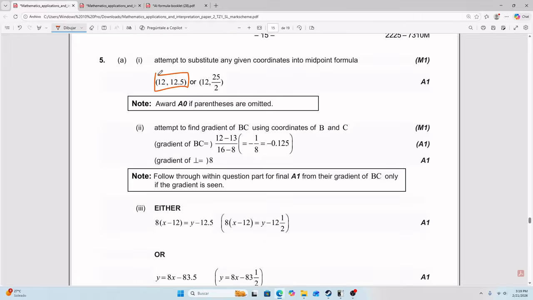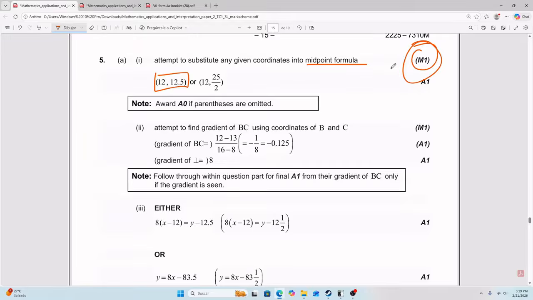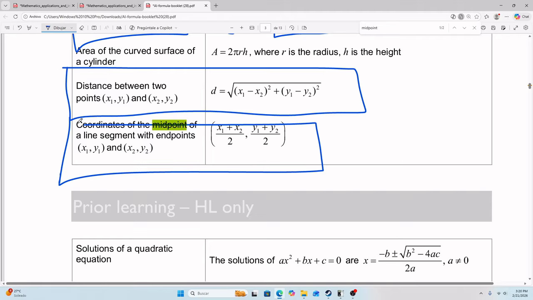So 12, 12.5, and you get a point just for attempting the midpoint formula. This is why it's so important to have clear identifying key concepts and attempting a formula, because attempting a formula is already enough to get you a method point. So notice, just attempting to substitute into the midpoint formula already nets you a point for method. That's why I talk so much about method, and also in general sticking to the formula booklet.